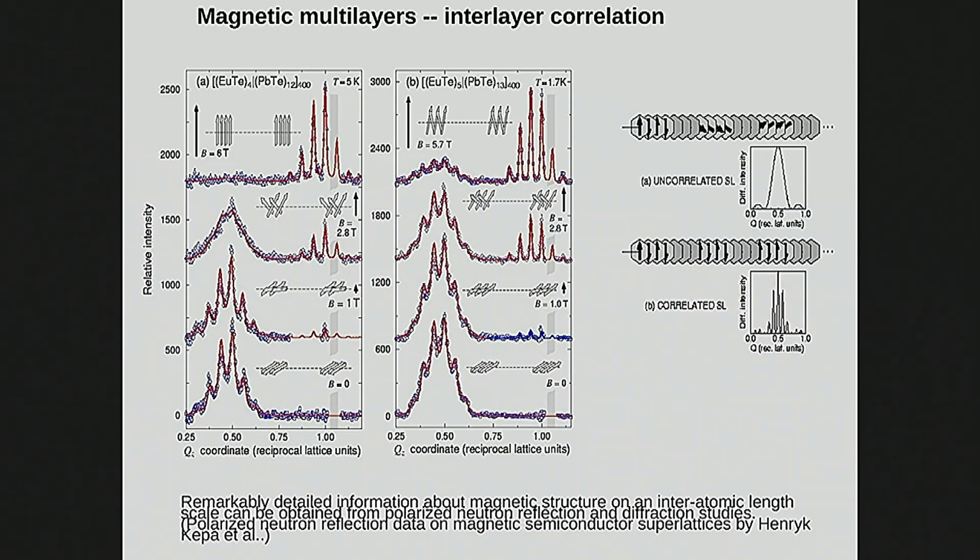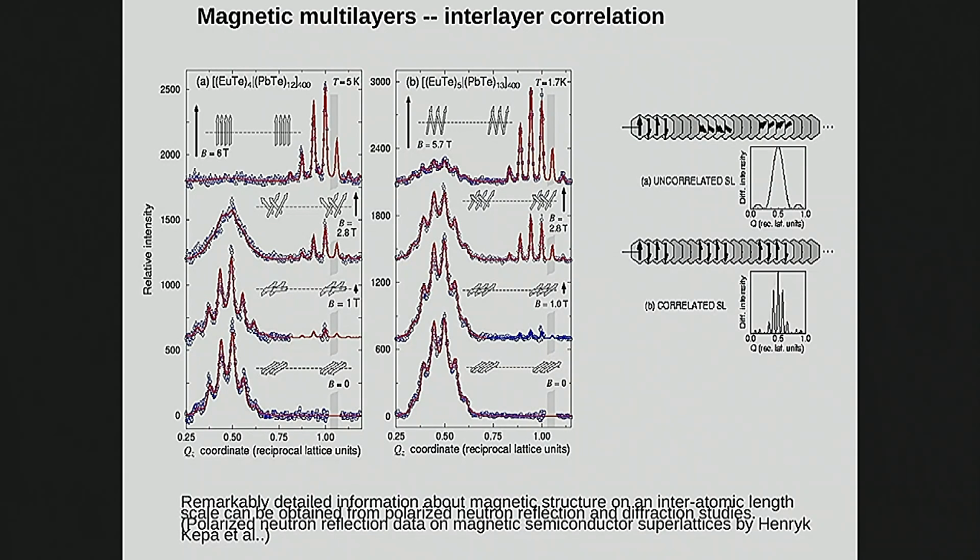Here's another case where you can intersperse magnetic layers, whose atomic planes have net magnetizations, with other materials that cause the interaction between these planes not only to be different, but to be not at all. You can get to a situation where it's completely uncorrelated and there's just a broad peak, or where there are very well-defined correlations that give you the exact structure, deduced from the particular positions and spacings of the peaks.